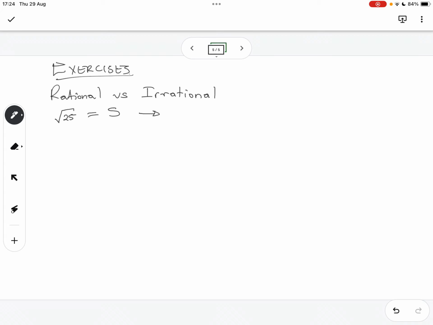Then you'll tell us if it's rational or irrational, right? So in this case, this number is rational because when we work out the square root of 25, we get 5. And 5 is a rational number. Okay, so square root of 25 equals 5, which is rational.